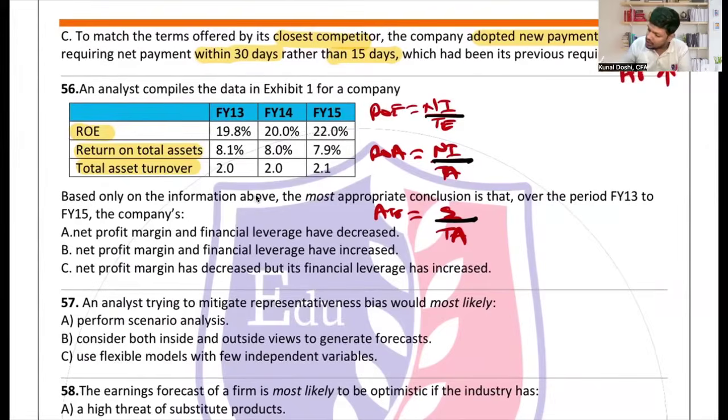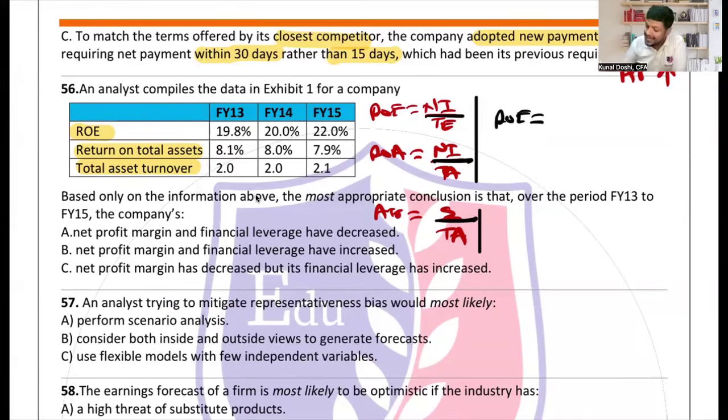So what is ROE? See, check here. ROE under the DuPont. Guys, DuPont ROE formula. See, let me break down.